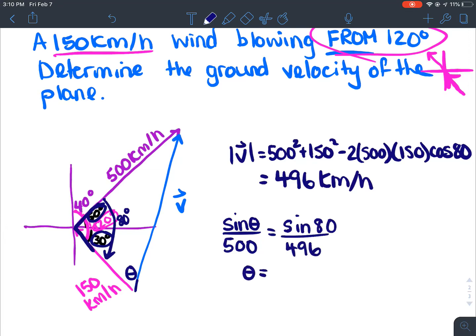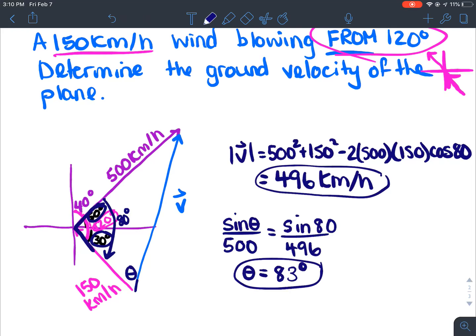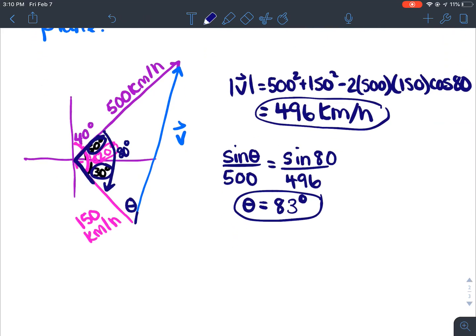And just isolate for theta, and you'll get an answer of 83 degrees. So now you have your magnitude and you have your angle. So you just have to write the velocity of the airplane. So velocity of the airplane is 496 kilometers per hour.